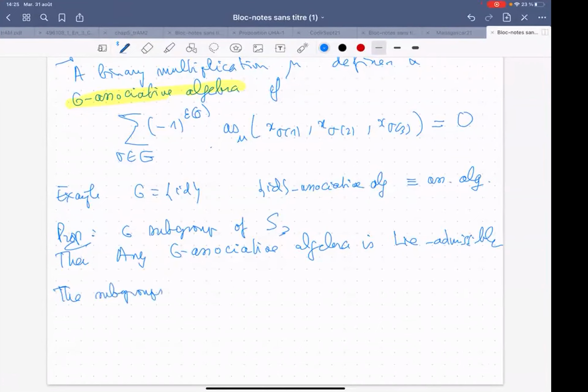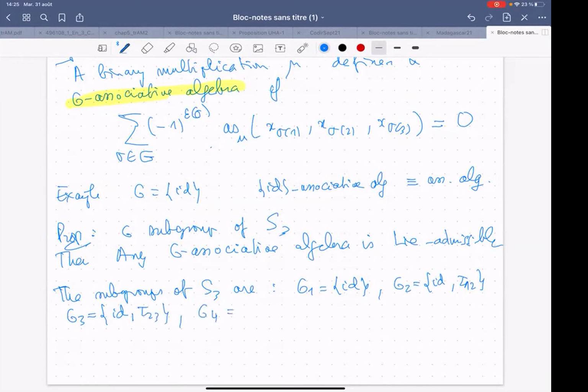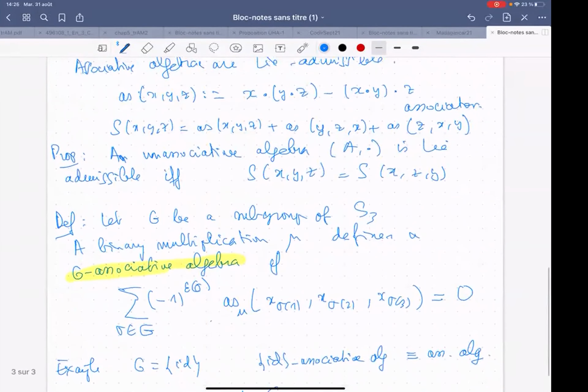Let us denote by G1 the one defined by the identity, G2 the one defined by the identity and the transposition (1 2), G3 the one defined by the identity and the transposition (2 3), G4 also given by a transposition, now (1 3), G5 is A3, the alternating group, and G6 is S3.